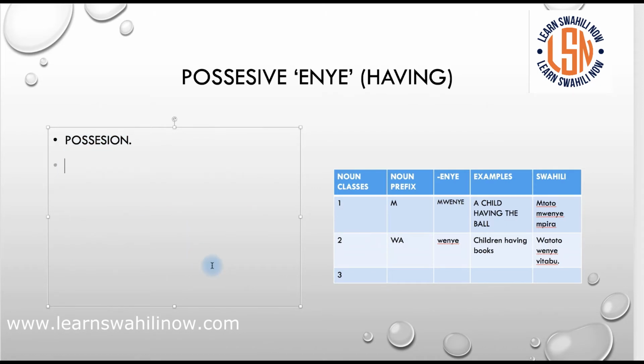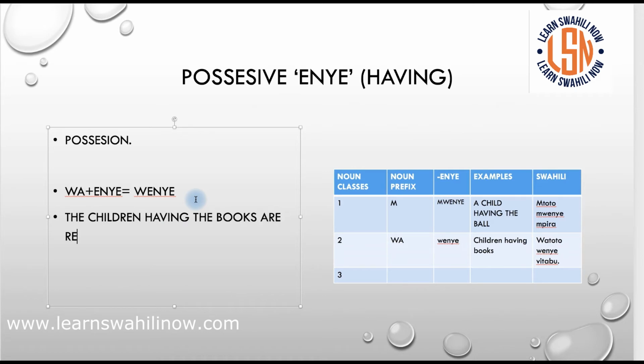Noun class 2. So for noun class 2, again, you do wa, that is the noun prefix, and then you add the enye, and that will become wenye. So you just drop the a, and you end up with wenye. So you want to say watoto, the children having the books are reading.